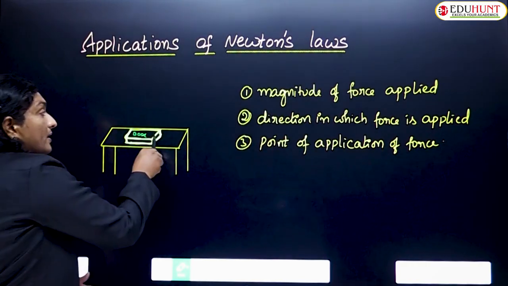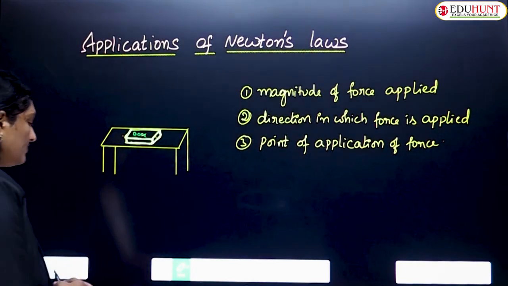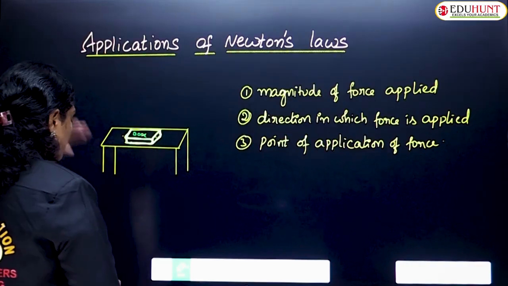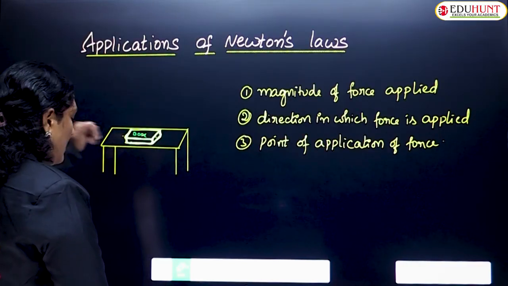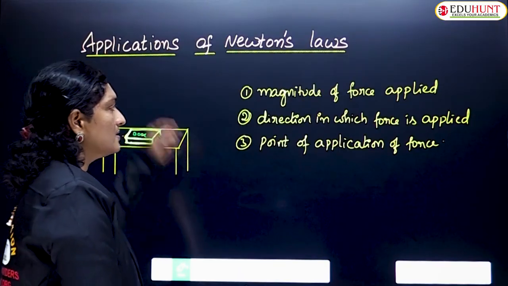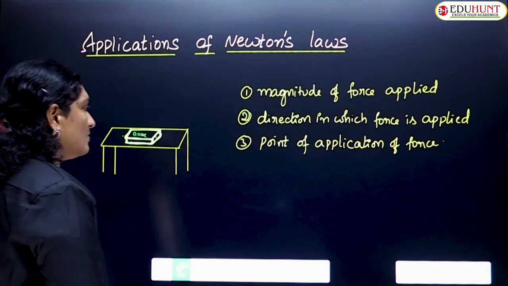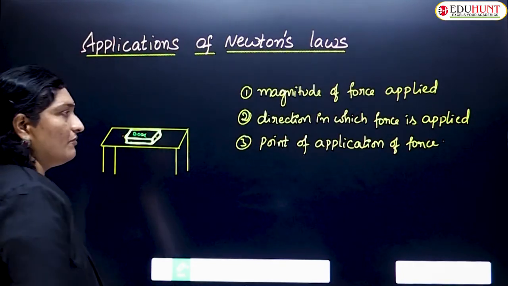And the point of application of force. Okay children, from this we can conclude that three factors determine the effect of force applied on a body. The first one, the magnitude of the force applied. Second one, the direction in which the force is being applied. And third one, the point of application of force.